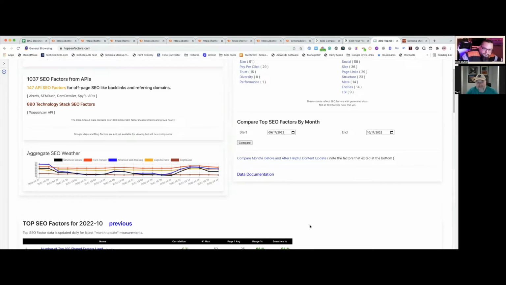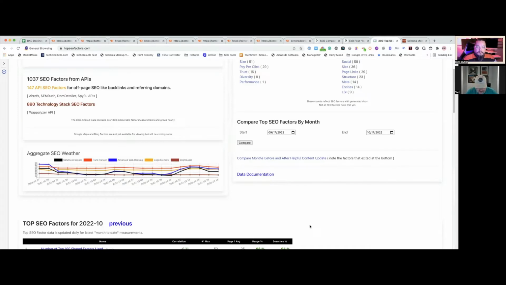So I used to plot my predictions against the SEO weather so that you could see my prediction and then you could see all the calamity that would follow the prediction. And so now I am just plotting the aggregate SEO weather.